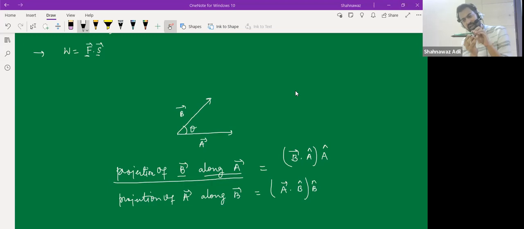If I have taken it in this direction, what is the direction of the projection? Just remember that this is a vector here.